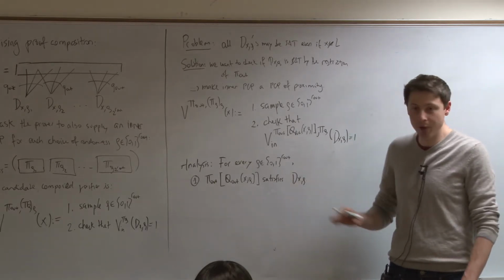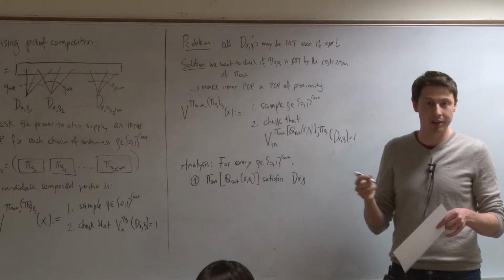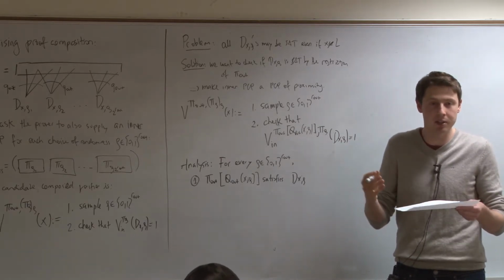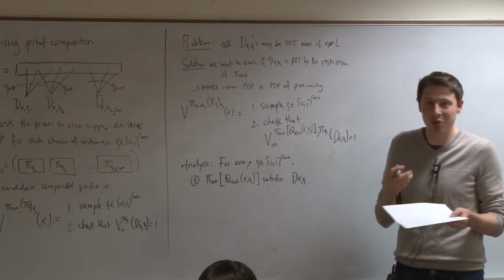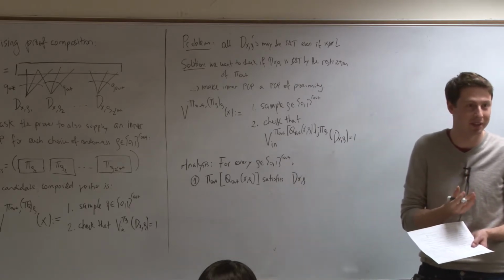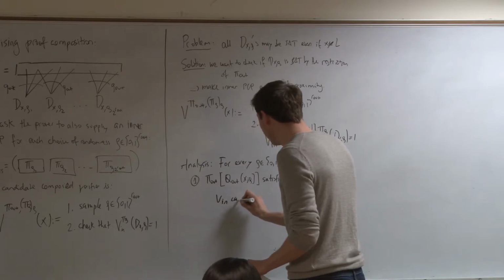If we are in the bad case of a row that is bad for the outer PCP, the inner PCP is not going to save us. We're invoking it to check something that is true. The soundness will not help us there. So here all I want to say is that V in can't help us.